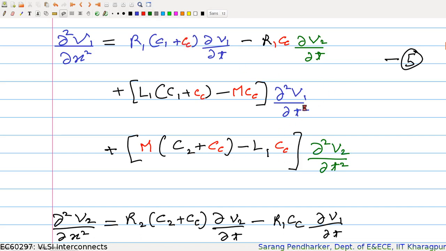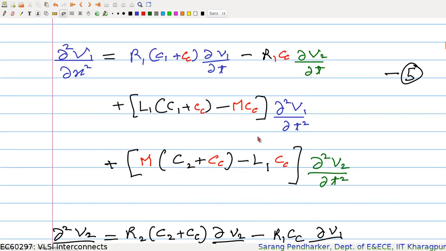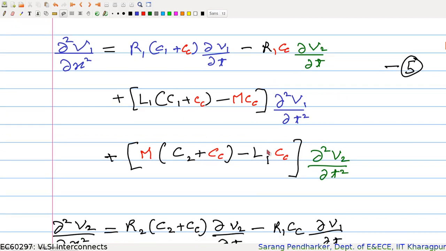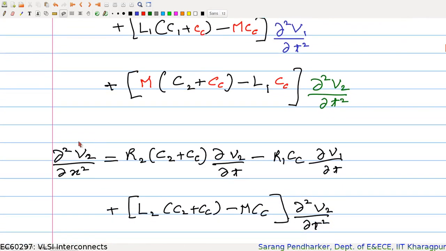So if you look at this, it appears to be a very complicated equation. Similarly, you can write for equation 2 that this would be for interconnect 2, and this also for interconnect 2.